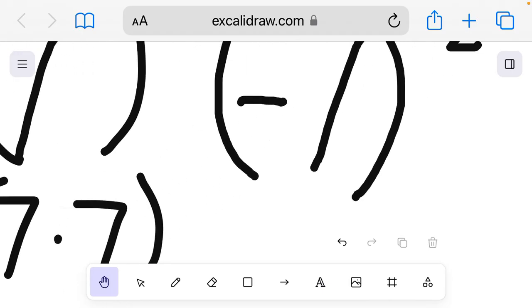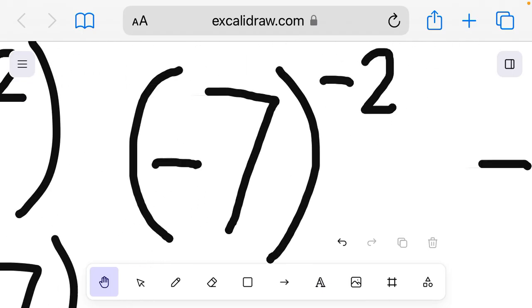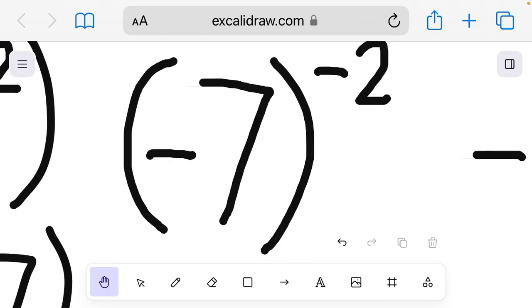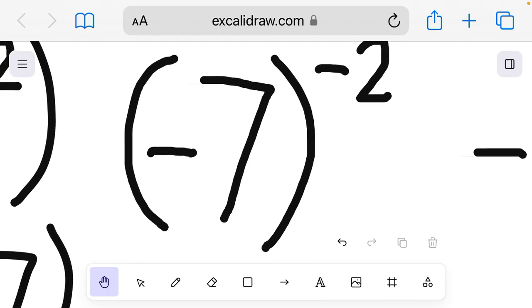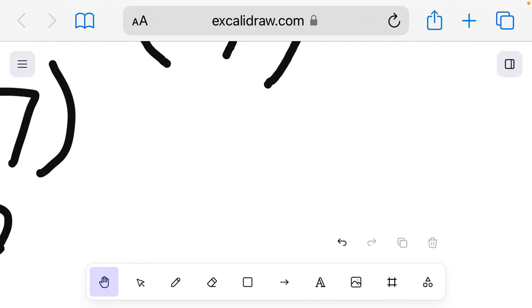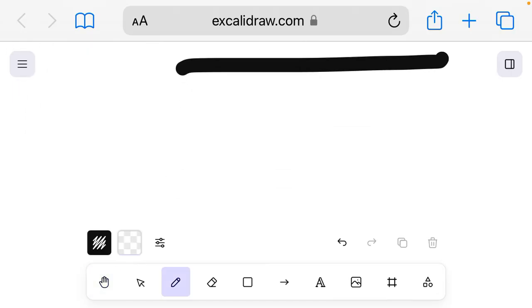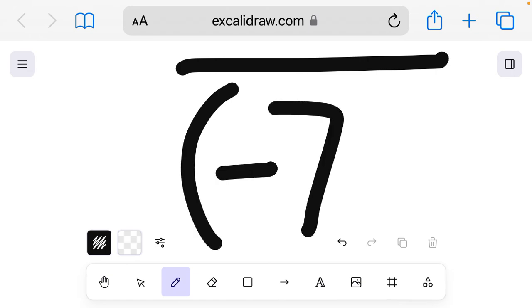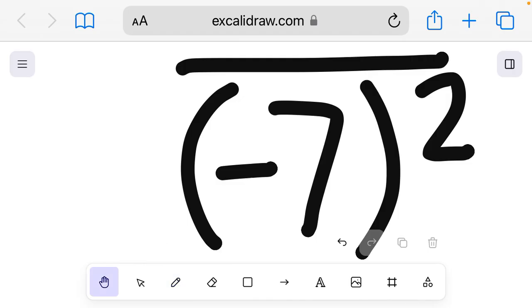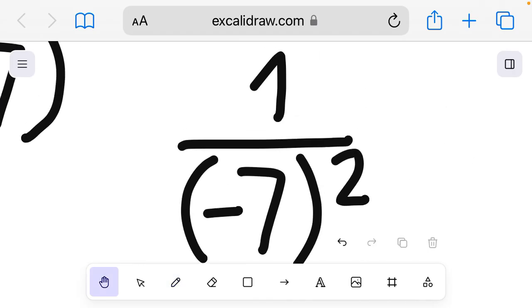Now let's move on to the penultimate question of this set. We have negative 7 in parentheses, to the negative 2. In order to do this, you have to write 1 over the base to its positive exponent. So you write it like this. And then the next thing you have to do is find what negative 7 squared is.